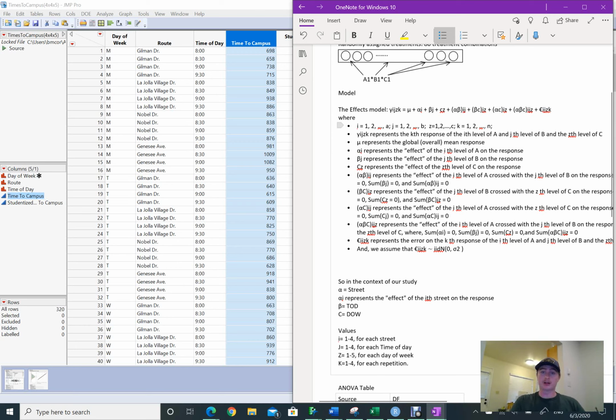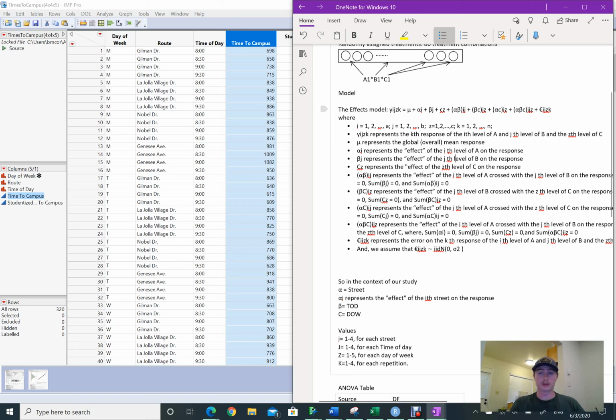Alpha i is the ith effect of the street on the response, and then the jth effect of the time of day on the response, and then the zth effect of the day of the week on the response for the alpha, beta, and C respectively.